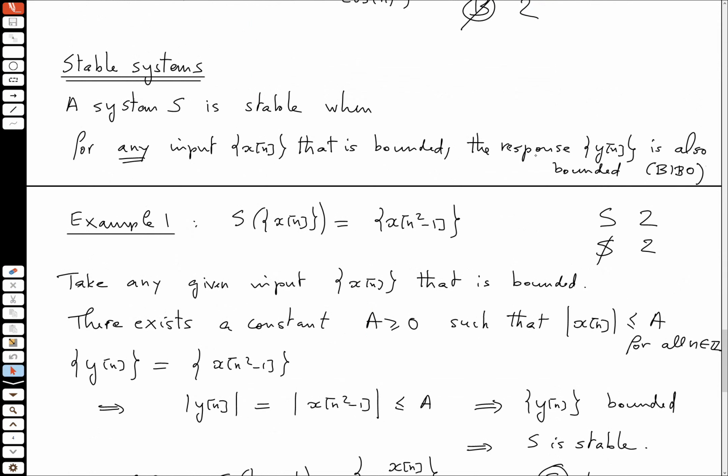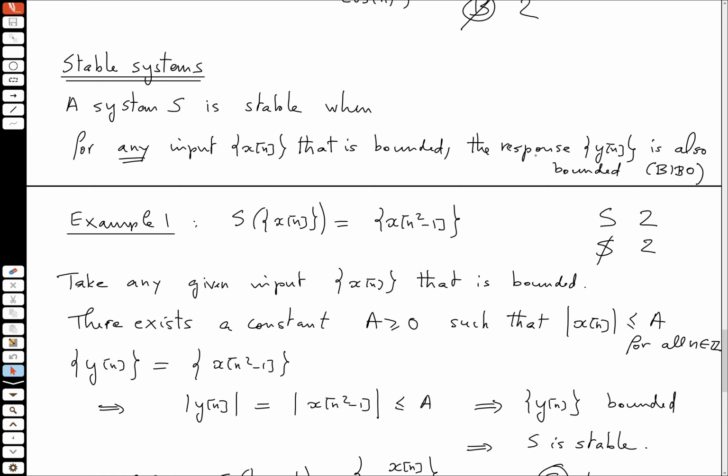Now, to prove that the system is not stable, what should you do? What should you do to prove that the system is not stable? That it's not bounded. Okay, but what is the precise procedure to prove the system is not stable? We give one counterexample.